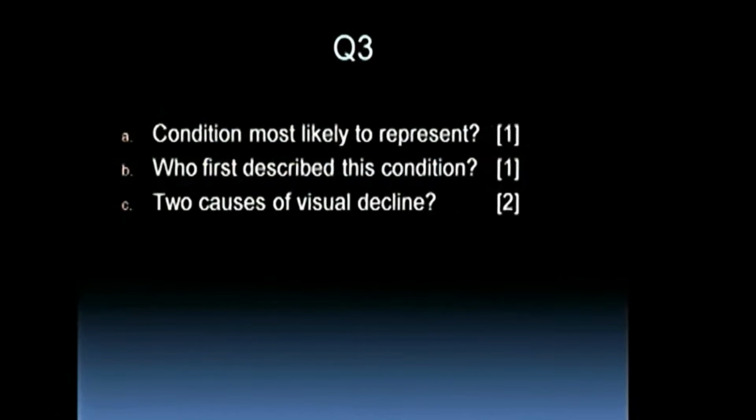C, in patients with this condition, that feature is most likely to represent, give 2 causes of visual loss or visual decline.